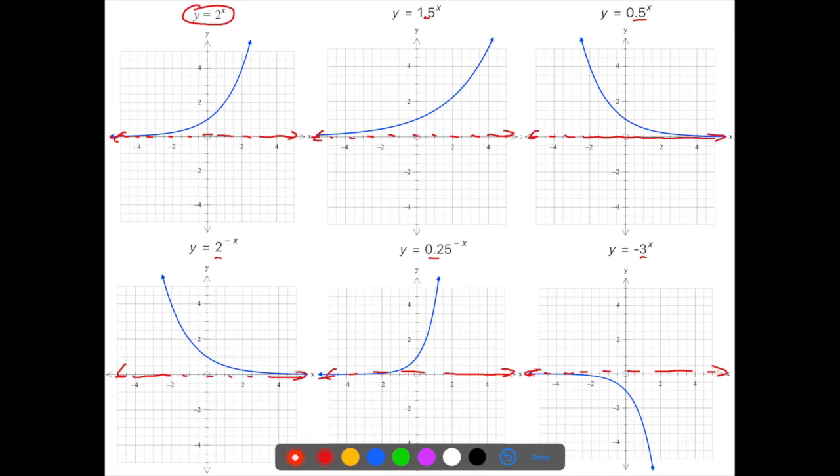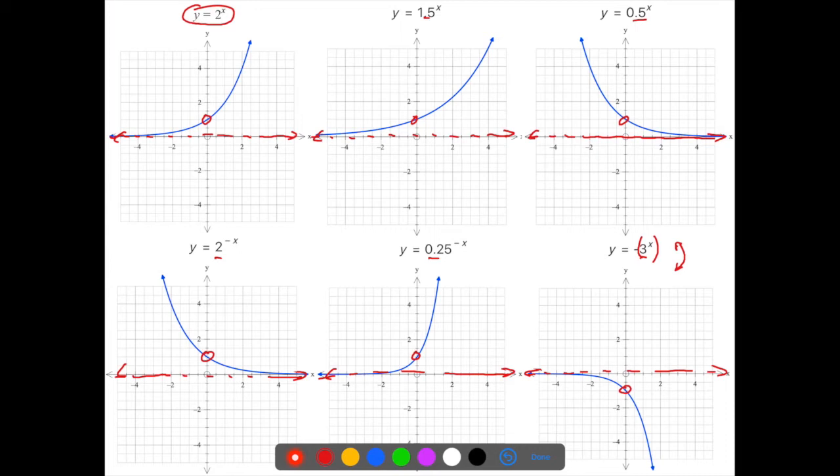Okay, another thing I want you to recognize is the y-intercept. Notice for all of these, the y-intercept is 1, except for this one right here, which is -1, because that's a negative 3 to the x. So remember, when you take something 3 to the x, which would be the same as all of these others, and you put a negative in front of it, it causes a vertical reflection.